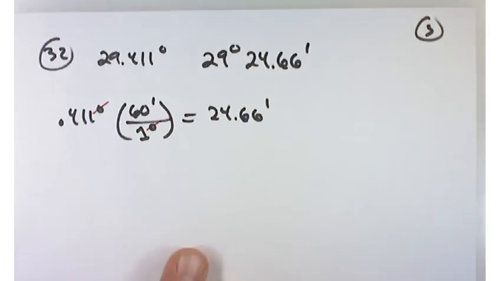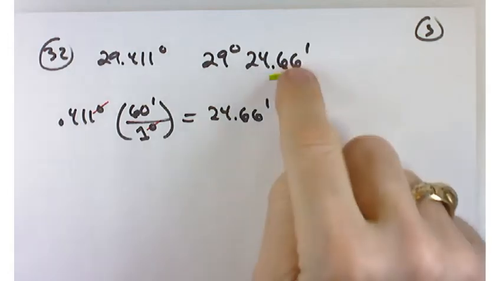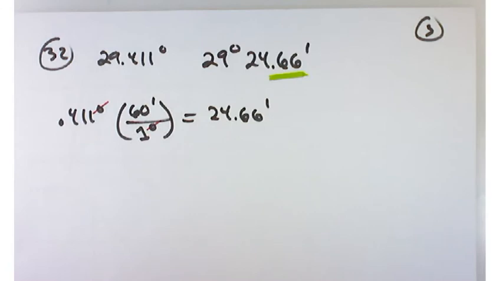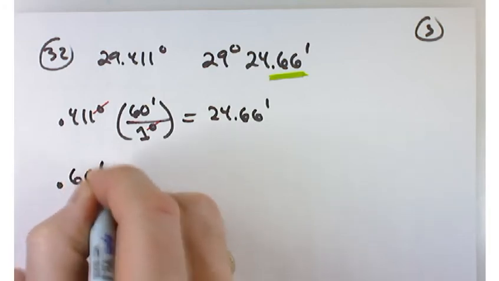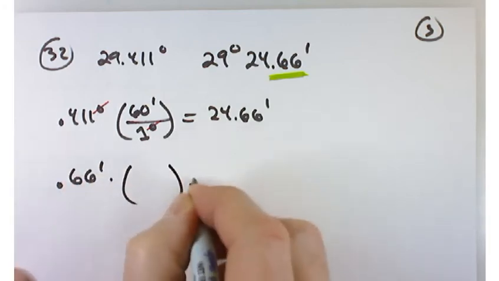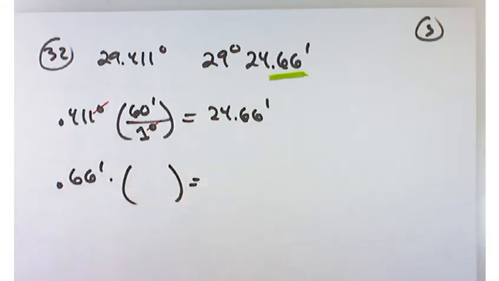Now I'm almost there, but I got a little piece here that's still hanging on. Remember, I wanted this in degrees, minutes, and seconds. So let's see if we can take care of that little decimal value here, the 0.66. So take the 0.66 minutes, and again, you're going to multiply it by something.